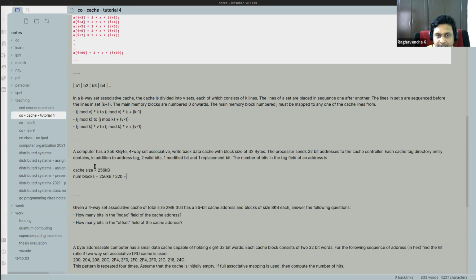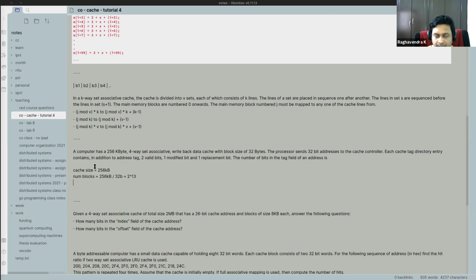So how many blocks are there in the cache? 2 power 13. So 2 power 13 blocks are there. I think we did this yesterday, but it was direct mapped. Okay.